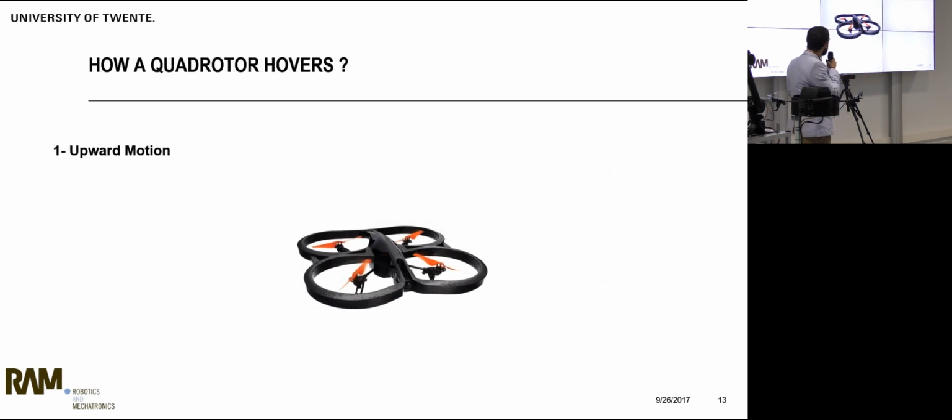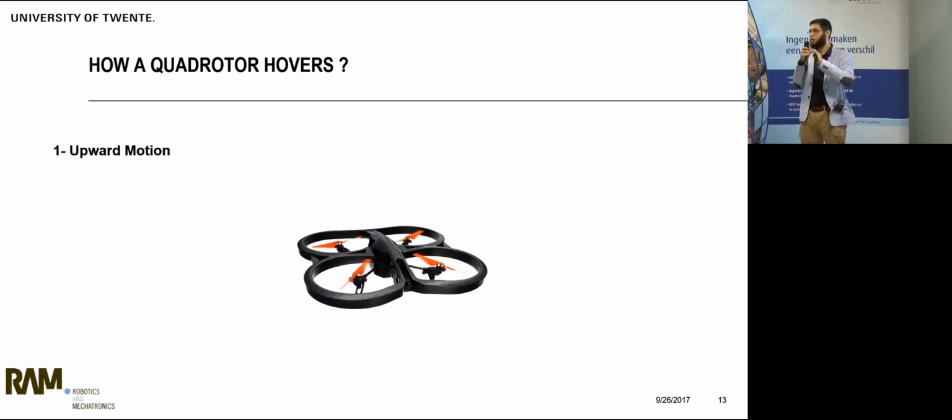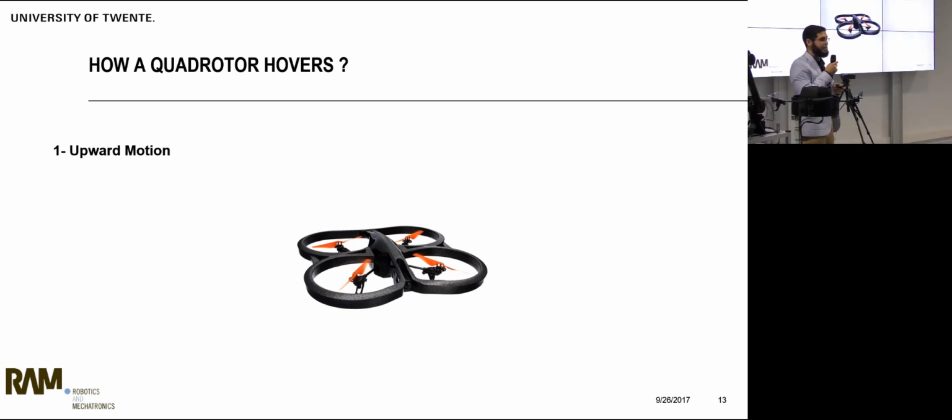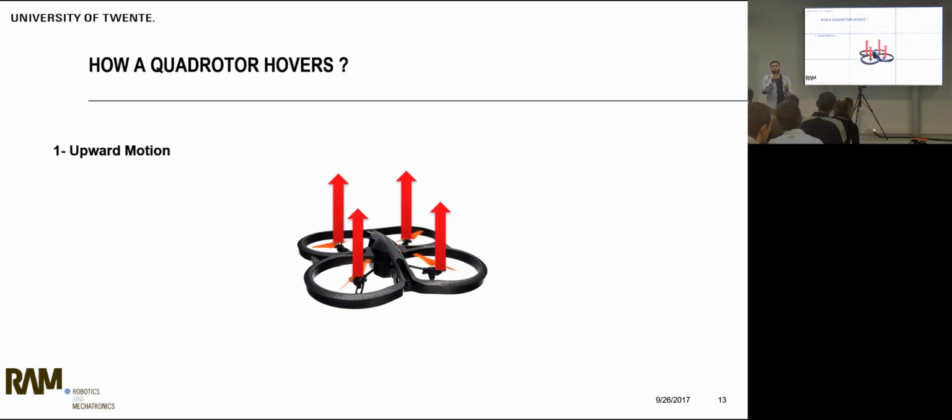So how does this quadrotor fly? How does it hover and stay in the air? As we said before, the quadrotor has four motors, and each motor has a propeller. Once you start to rotate the motors, each motor will produce a thrust force. For the quadrotor to start lifting off the ground, the sum of the four forces has to be larger than the gravitational force that's trying to pull the drone to the ground.